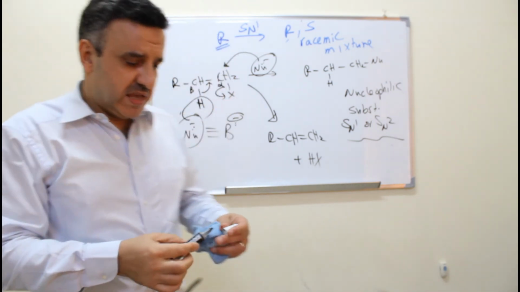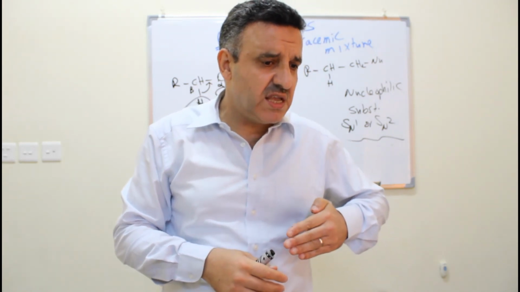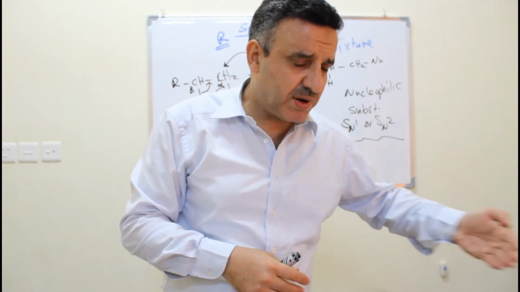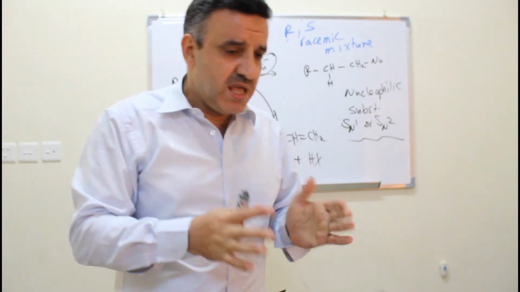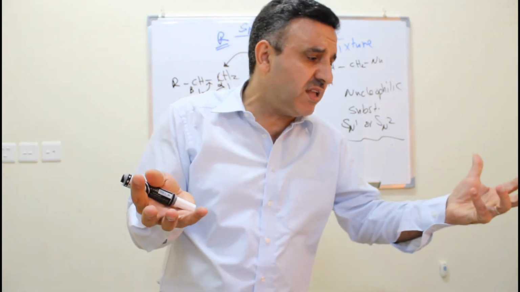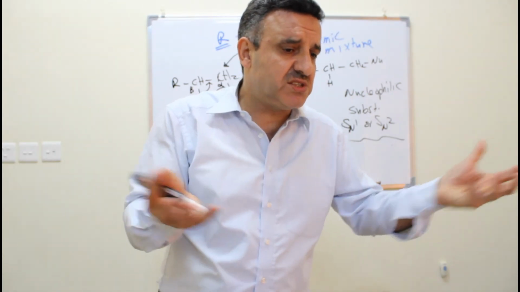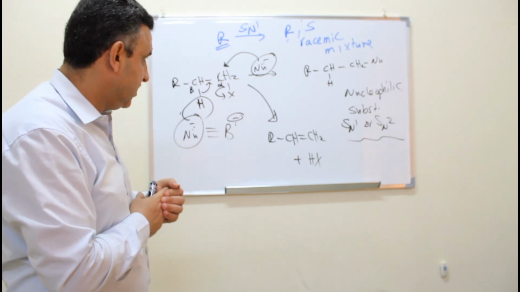The HX here, in the elimination reaction, we will get HX as another product, an inorganic product. Since we have a halogen X at one carbon, then definitely we need another hydrogen from the adjacent carbon. So this is how the elimination occurs and where it occurs. Do you follow me?